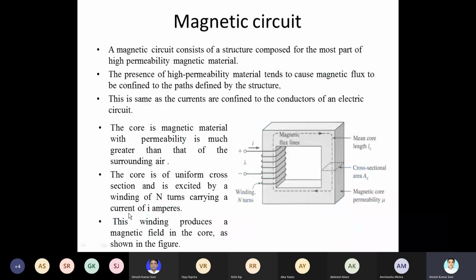A magnetic circuit has main parts: a high permeability material, and maybe air or a low permeability magnetic material. So what is high permeability and low permeability? The permeability of a magnetic material is the same as the conductivity of a metal.